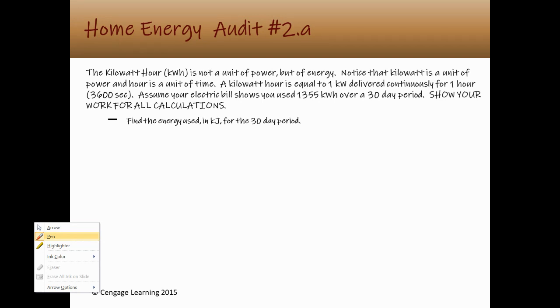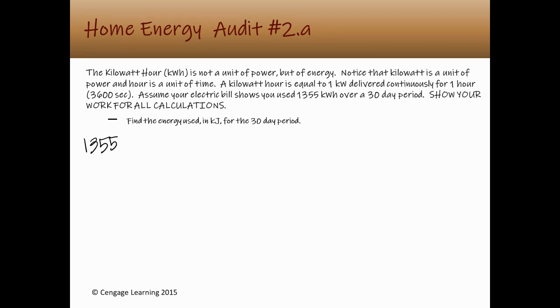So here's how I would do it. I would start with my 1,355 kilowatt hours over 1. And I'm going to tackle time first because I'm more comfortable with that.